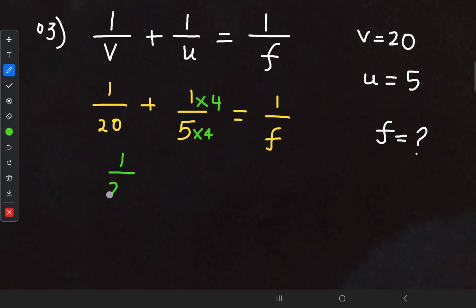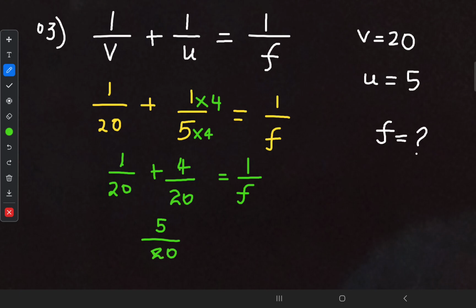That will give you 1 upon 20 plus 4 upon 20. We are writing an equivalent fraction to get our denominator as 20, equal to 1 upon f. Here you can add 1 plus 4, which is 5, over 20. That's equal to 1 upon f.